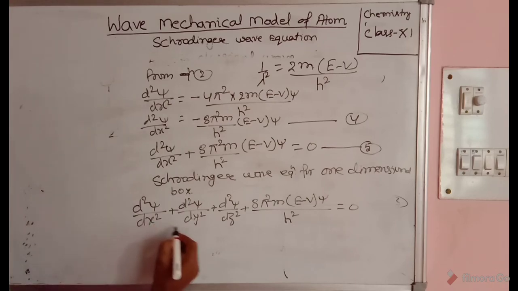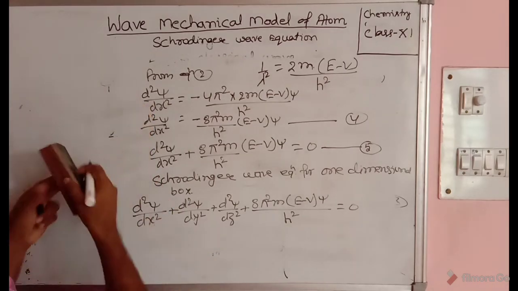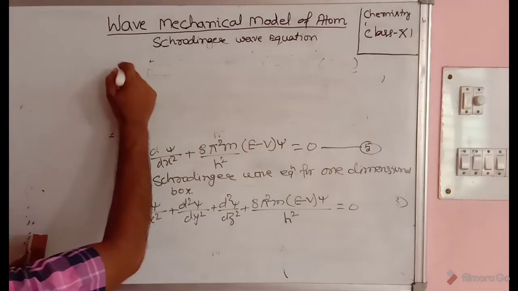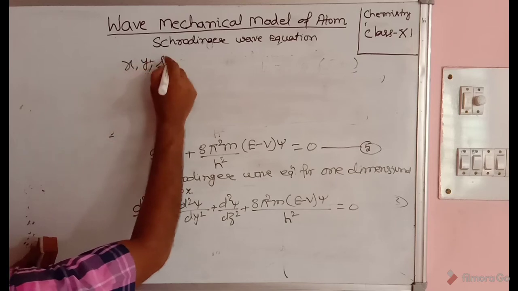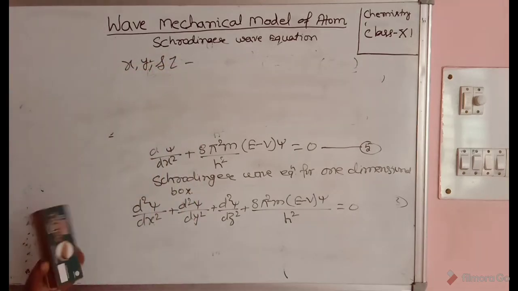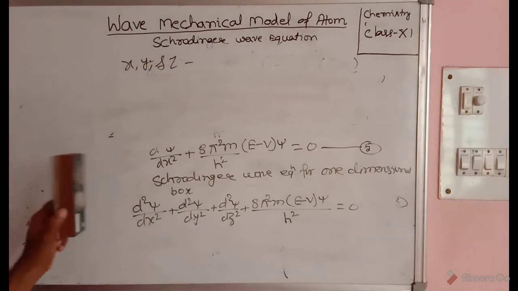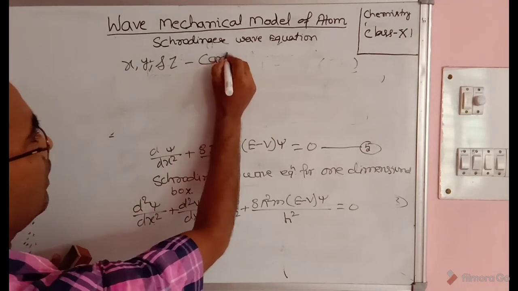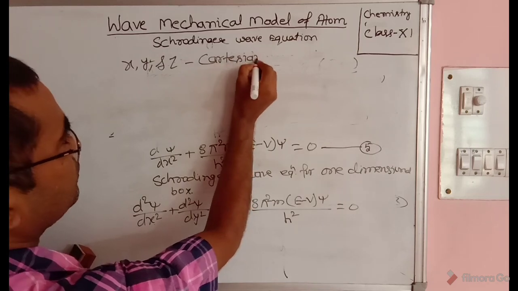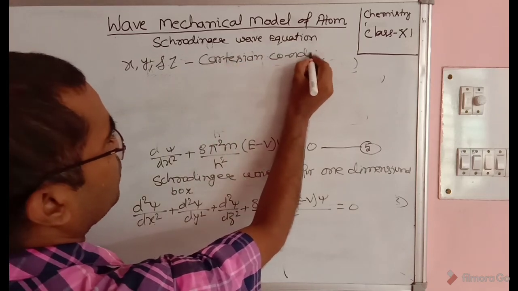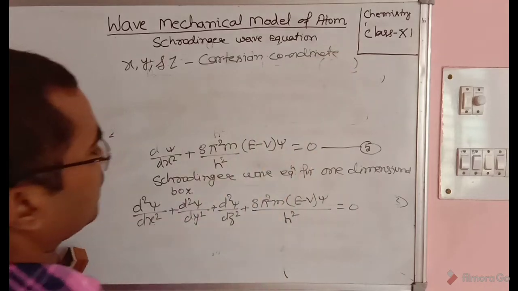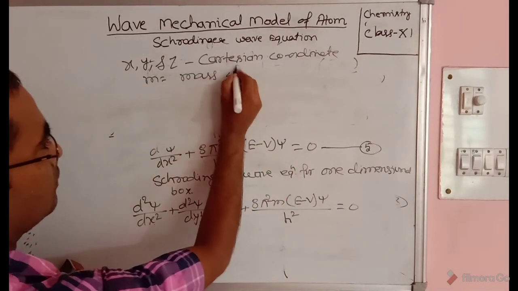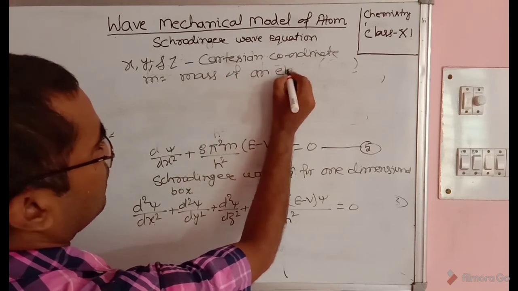Here x, y and z are Cartesian coordinates. m is the mass of an electron.